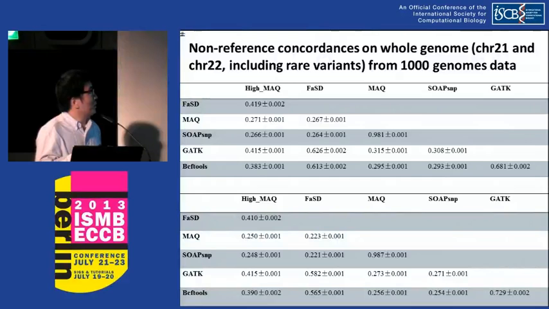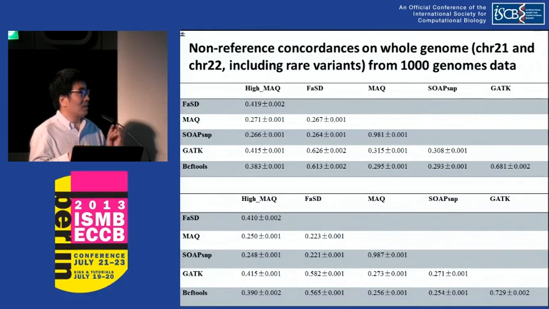So the way we measure it is that we use a very high throughput, high depth genome sequence, which is more than 30x genome sequence. And then we use MAQ to call SNPs and use that calling result as a golden standard benchmark.